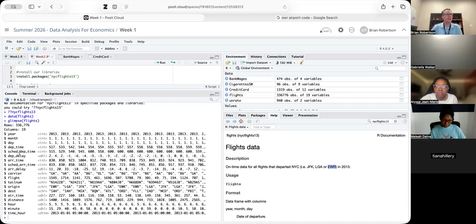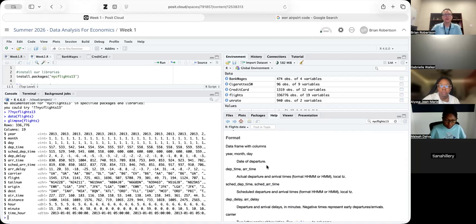Departure time, scheduled departure time, the delay, so the difference between these two, arrival time, arrival delay, the carrier, the flight number, tail number, origin, destination, how long they were in the air, distance, and the hours and the minutes. So in terms of the clock, and then the time hour in the day.